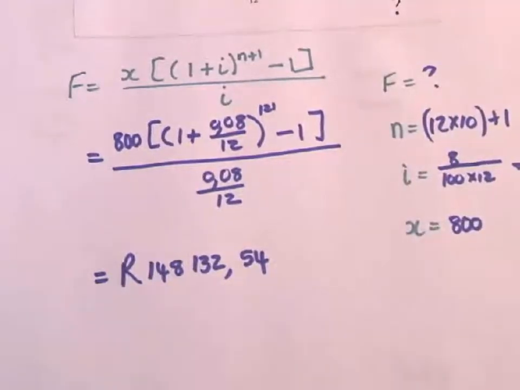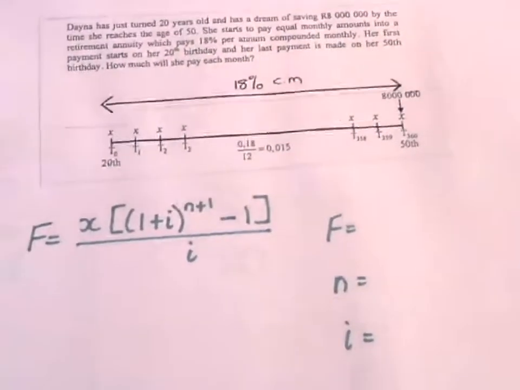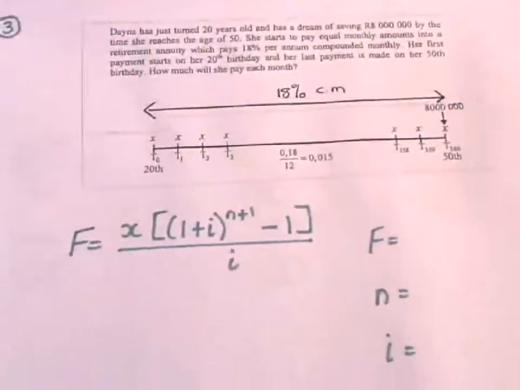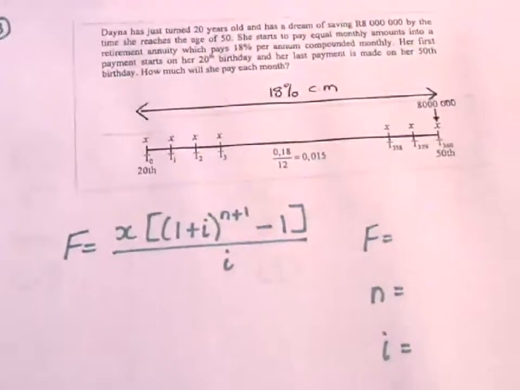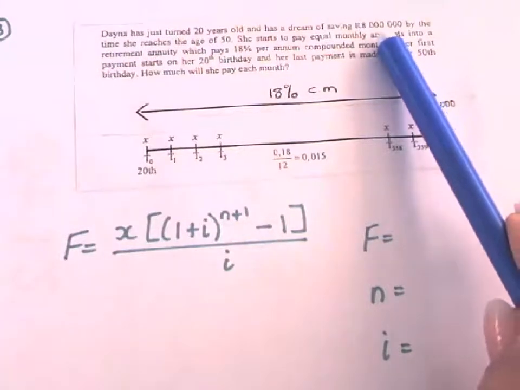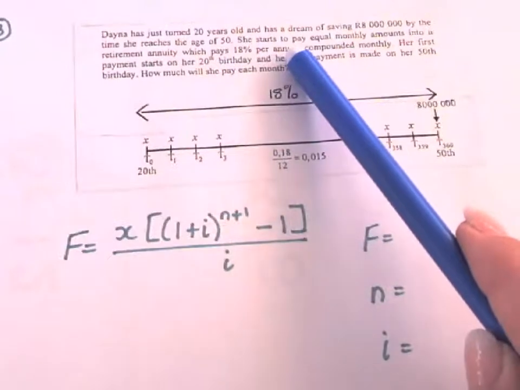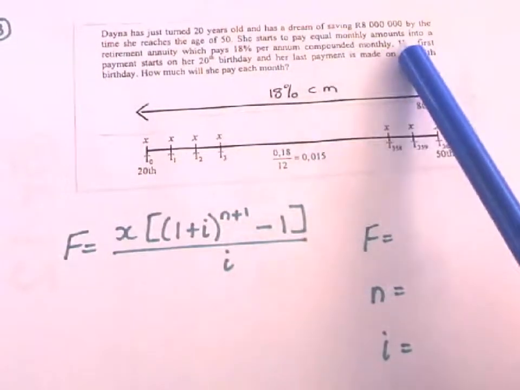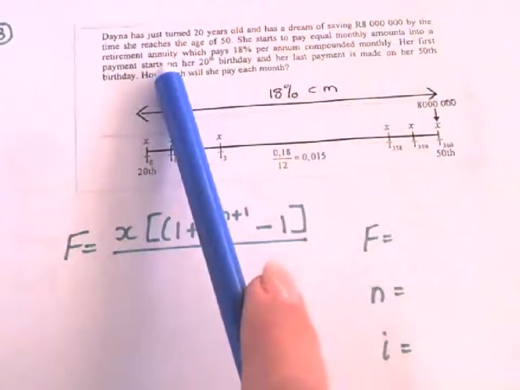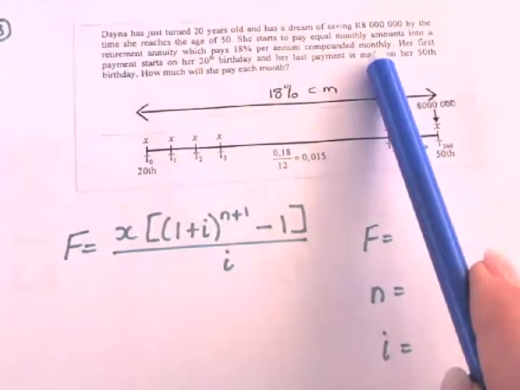Okay, let's look at example number 3. Dana has just turned 20 years and she has a dream of saving 8 million Rand by the time she reaches the age of 50. She starts to pay equal monthly payments into a retirement annuity, which pays 18% per annum compounded monthly.